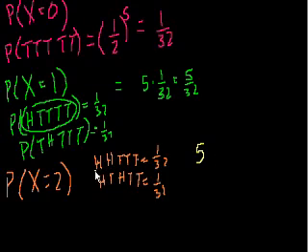I picked the first one to be a heads, and then one of these 4 also has to be a head. Or if I said this is the first head, then either this one, this one, this one, or this one has to be heads. So there's only 4 possibilities. All I'm saying is, the first time around there's 5 different possibilities for where the first heads could be, and the second time around you have 4 different possibilities.